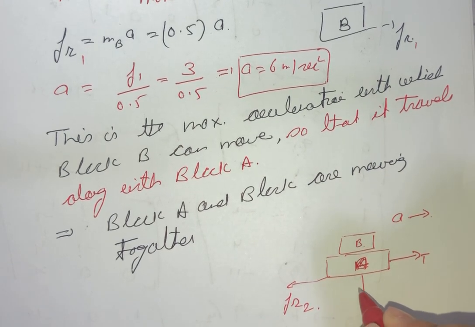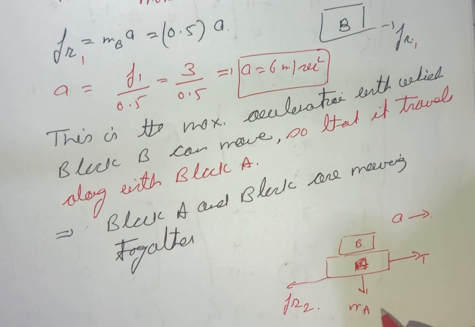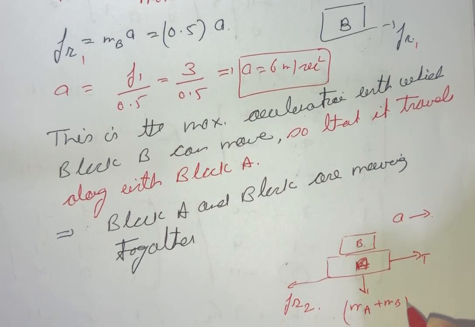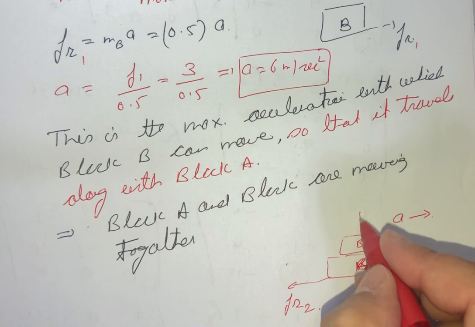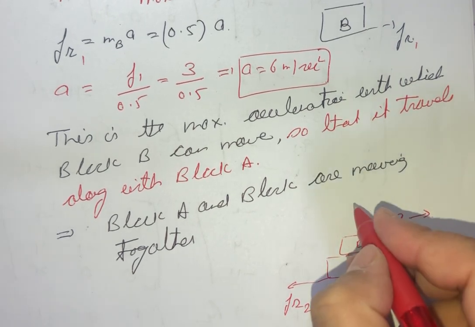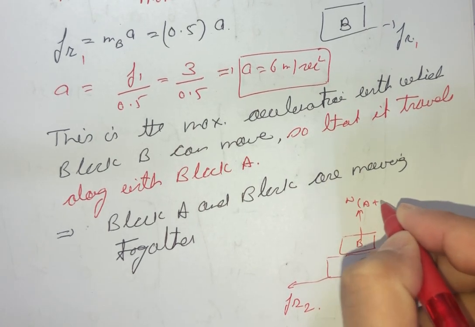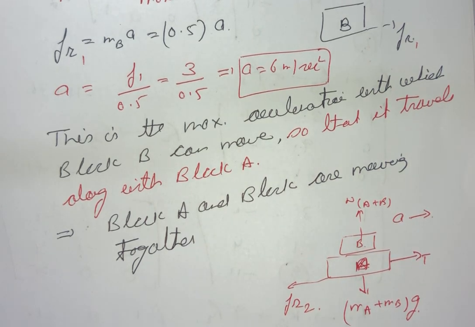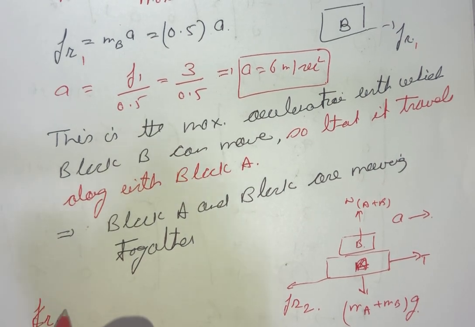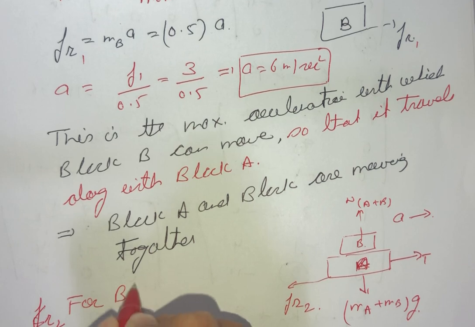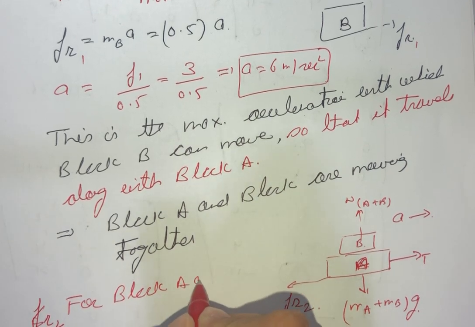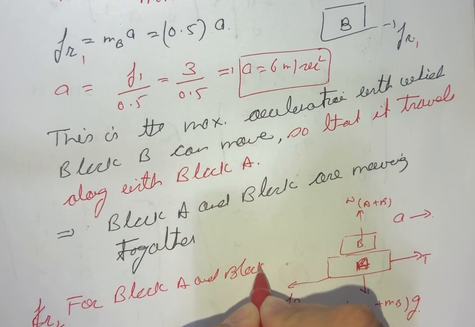In the downward direction, we are going to have (mA plus mB) multiplied by g, and the normal will be in the upward direction, that is NA plus NB. So we can find out the value of Fr2 for block A and block B.